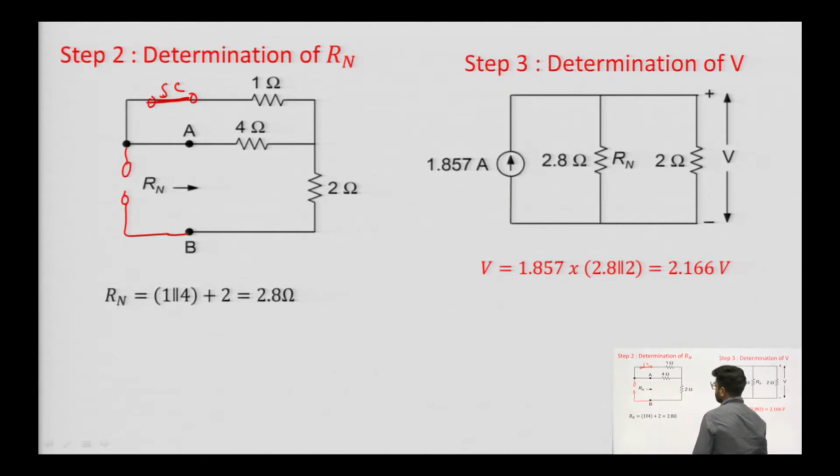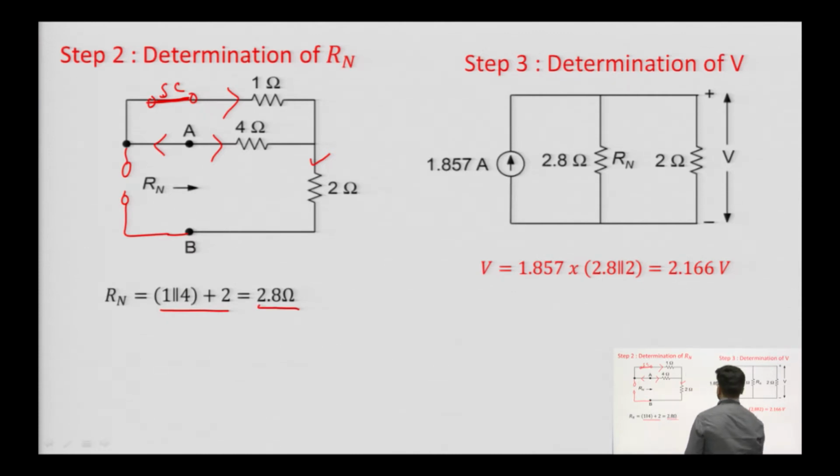Now, to find RN, you can see that 4 will be in parallel to 1, and the parallel combination of 1 and 4 will be in series with 2. So, we will get RN as 1 in parallel with 4, plus 2, and it will be 2.8 ohm.